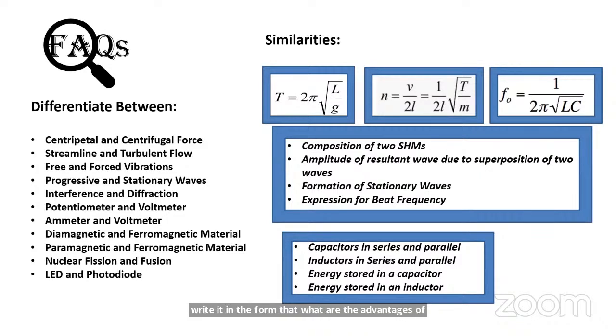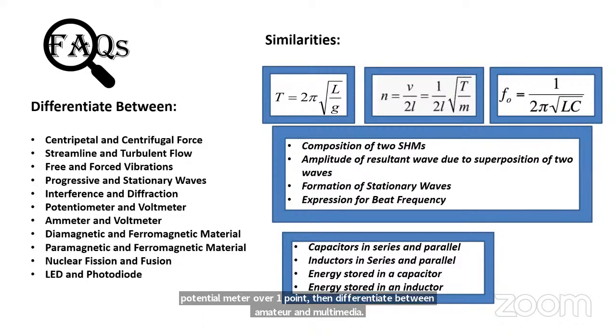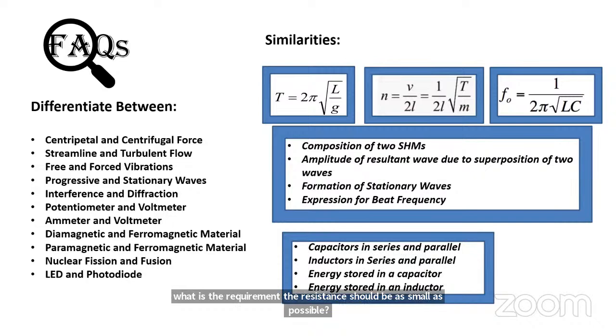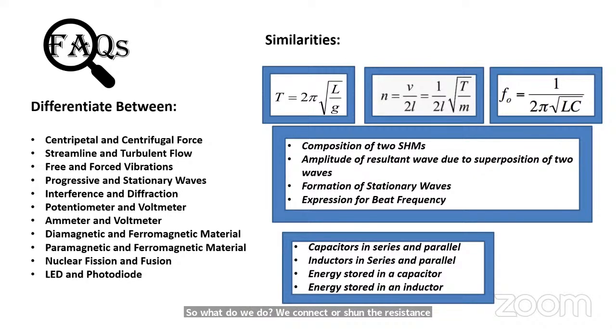Then differentiate between ammeter and voltmeter. Now here, when you design an ammeter using a galvanometer, in order to use a galvanometer as an ammeter, what is the requirement? The resistance should be as small as possible. So what do we do? We connect a shunt resistance. Shunt is a very small resistance in parallel with the galvanometer.